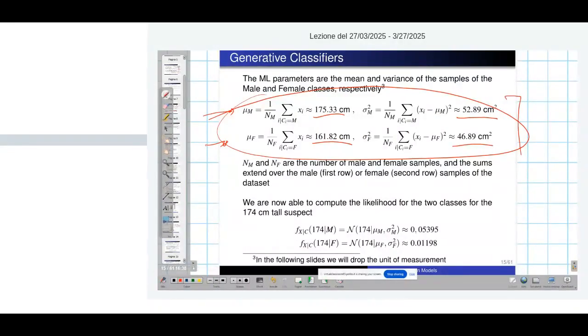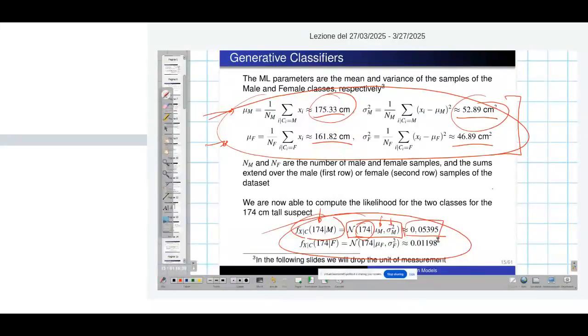Now, once I've computed this, I can compute my class conditional density. My suspect was 174. I can compute the density for the 174 suspect. I take the Gaussian density for the male, I plug here the values that I computed, and I plug for X 174. This is the likelihood of the 174 centimeter tall person given that it comes from the male class.